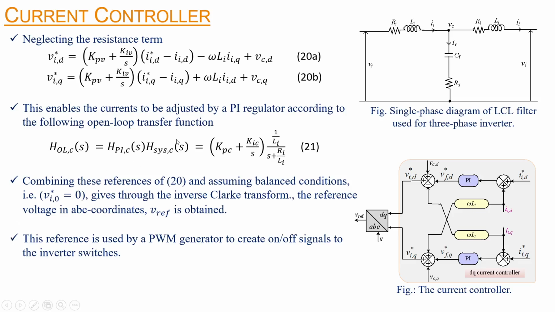This enables the current to be adjusted by the PI regulator according to the open loop transfer function, combining these references of equation 20 and assuming the condition that the zero axis voltage is 0. Then through the inverse Clarke transformation, we get the reference voltage in ABC coordinates as V reference, and this reference is used by the PWM generator to create on-off signals for the inverter switches.